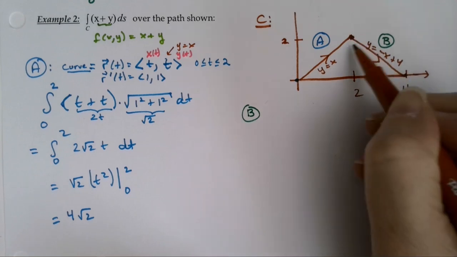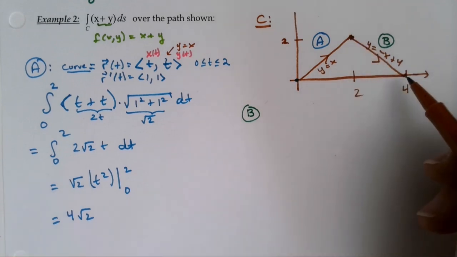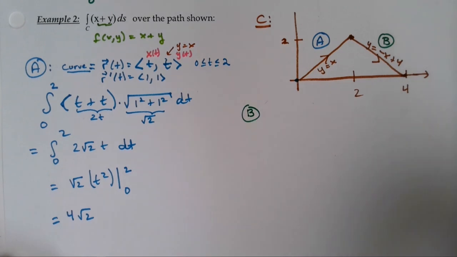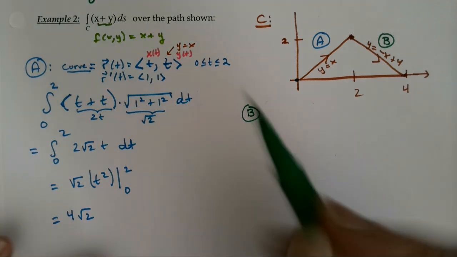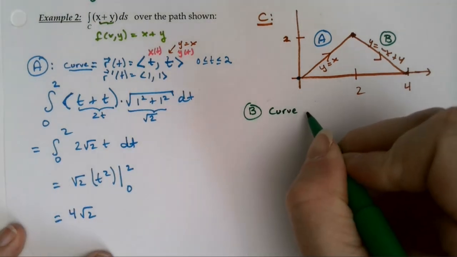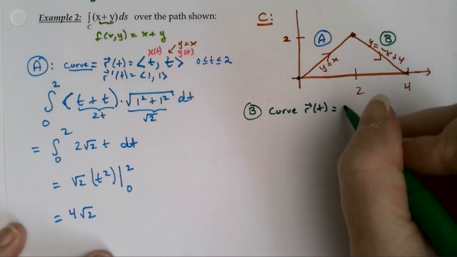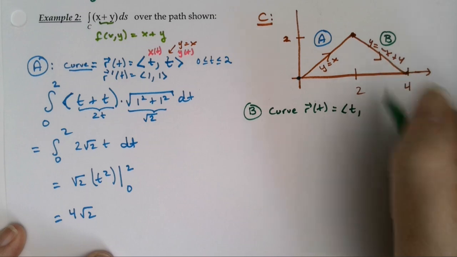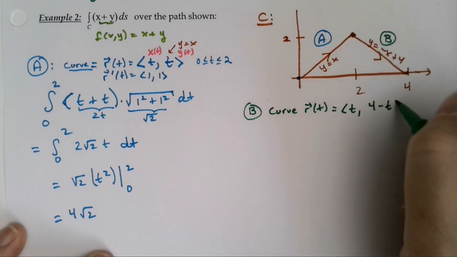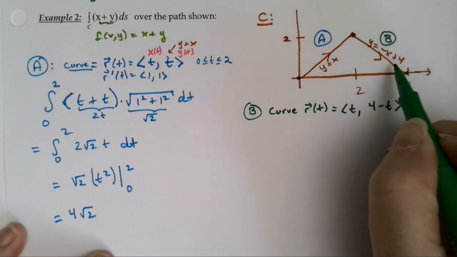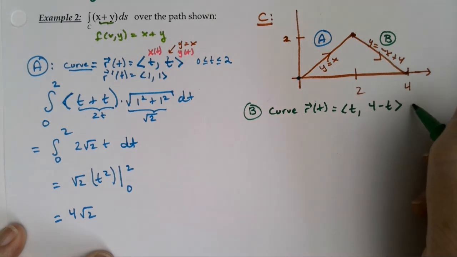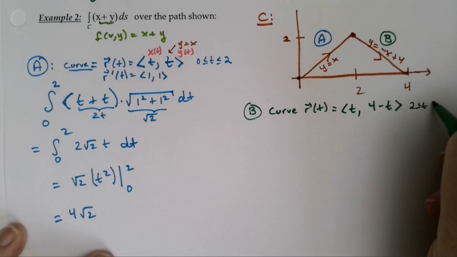You know it goes through 2, 2, and 4, 0, and you can find the equation of a line because we've all managed to make it through Algebra 1. Okay, so that means that my curve now on this side, r of t, would be equal to t and then 4 take away t. I'm just going to rewrite that with the 4 in front. And that's going from 2 less than or equal to t, less than or equal to 4.